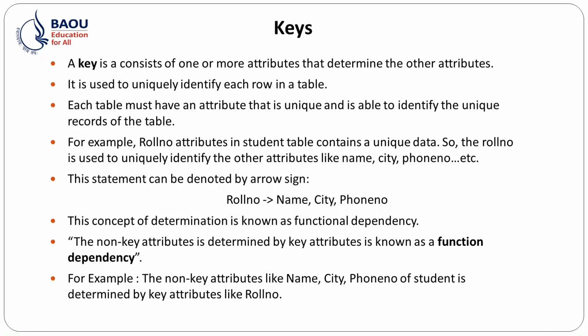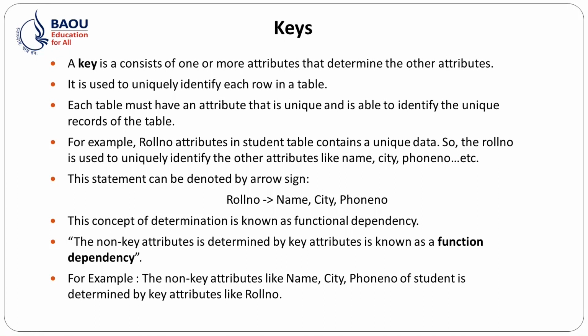For example, the roll number attribute in the student table contains unique data. So the roll number is used to uniquely identify the other attributes like name, city, phone number, etc. So the roll number is a key attribute. This statement can be denoted by the arrow sign. For example, roll number arrow name, city, and phone number attributes.